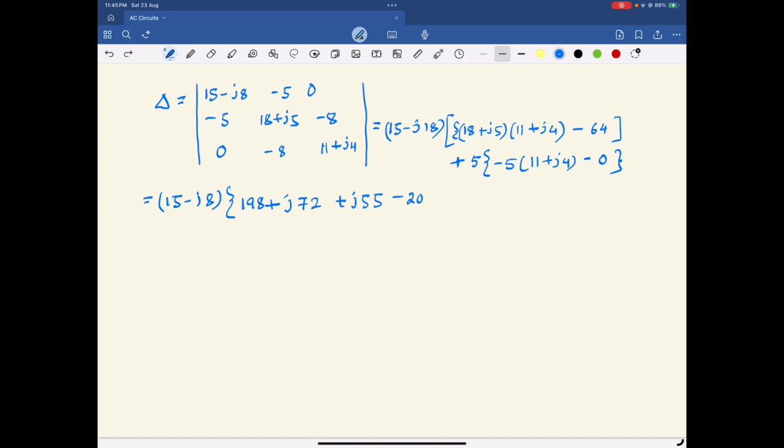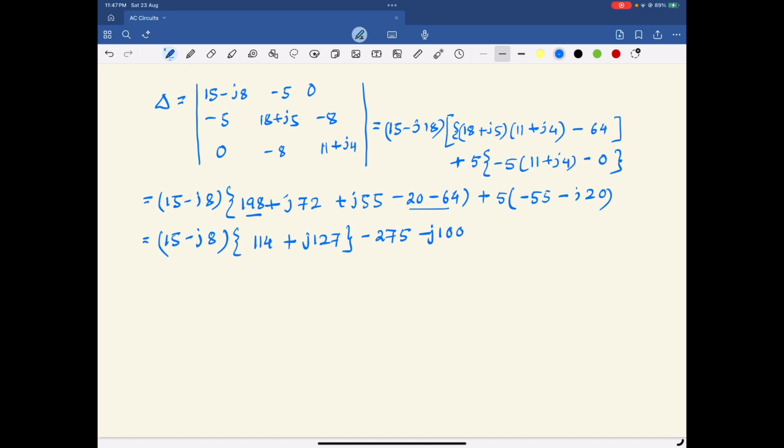You always remember j square is equal to minus 1. So do it carefully and try to practice it, otherwise it is very time consuming. For solving this equation you need practice, that's all.